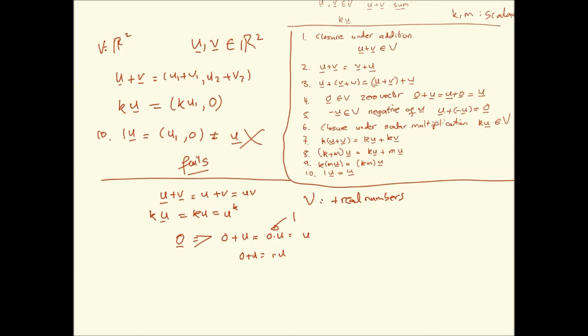Sorry, I rewrote that. Pardon me. What I'm saying is that the zero vector, this is what I want, but I don't get this, because if I multiply by 0 it's going to be 0. So the zero vector is the number 1, in fact. 1 plus u is 1 times u, and it's equal to u.